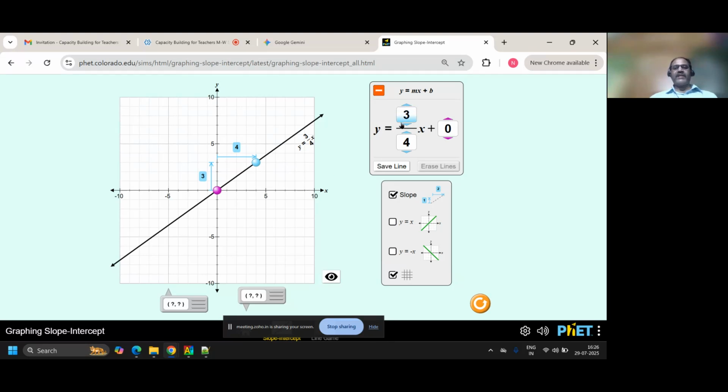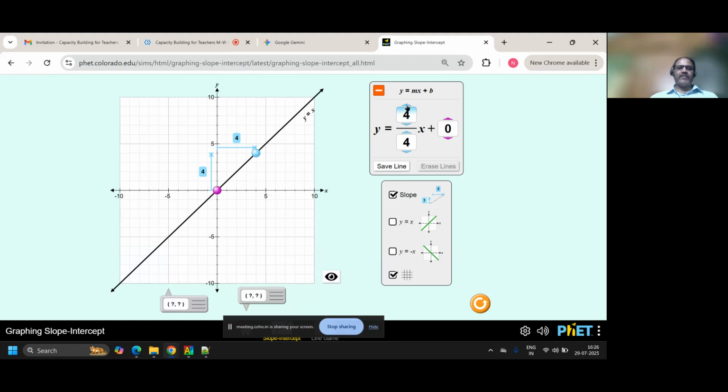Now, rather than simply saying m, we are putting that also. Now let me put it as 4 by 4. Higher the numerator, I am increasing the numerator, meaning I am increasing the delta y component. Just watch.